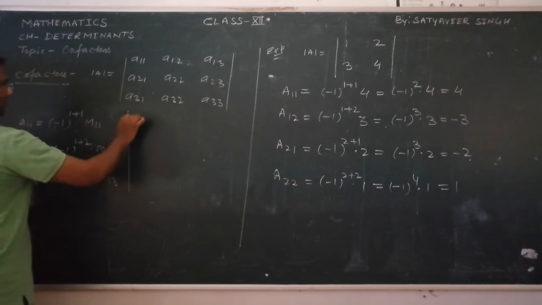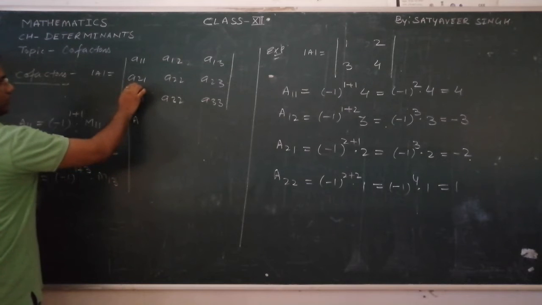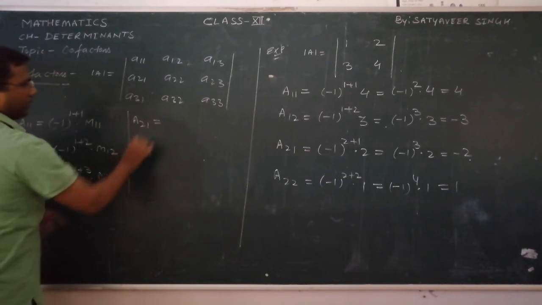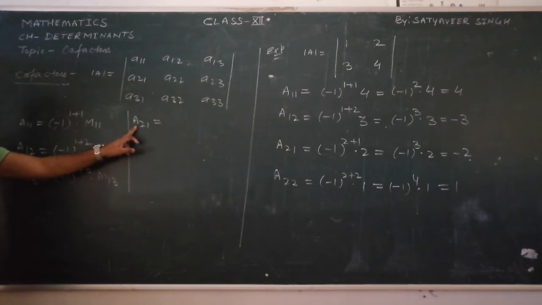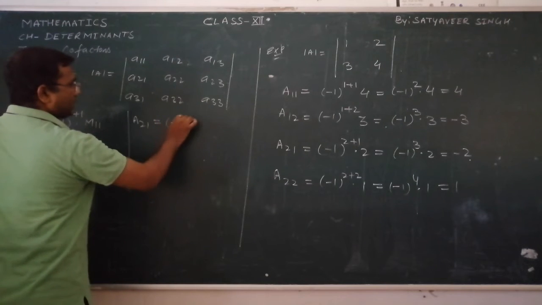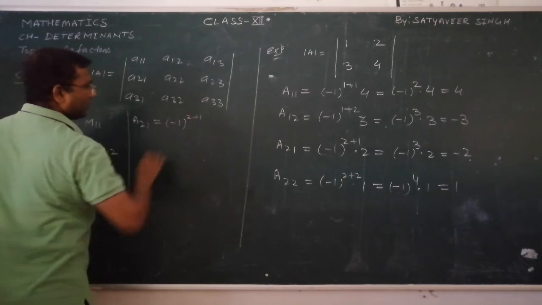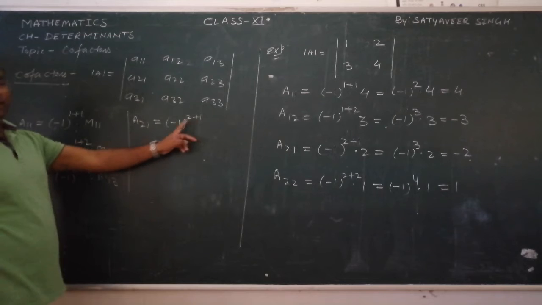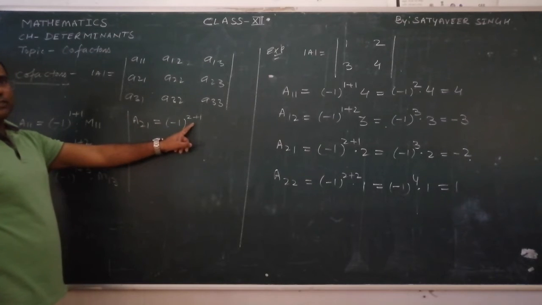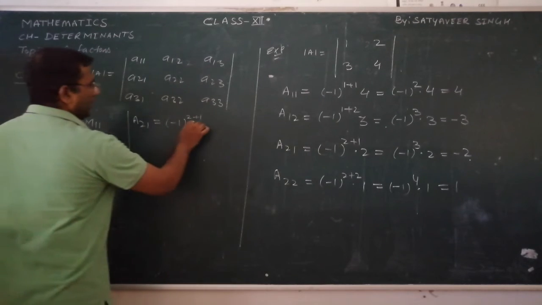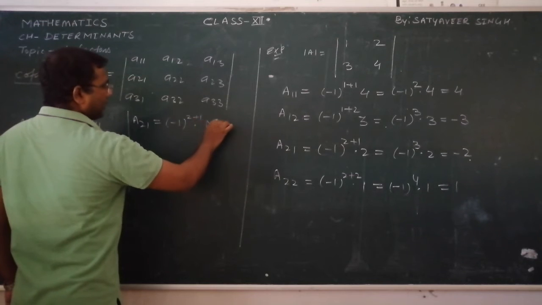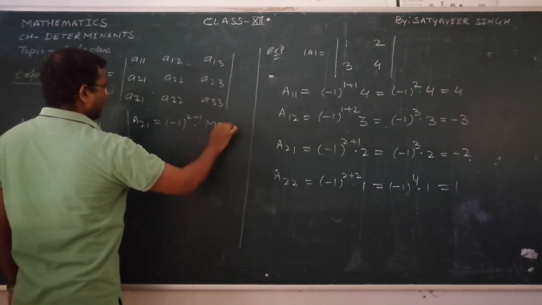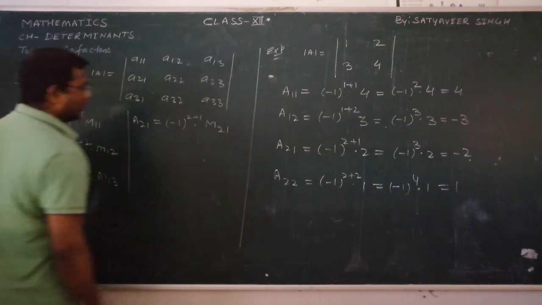The cofactor of the second row's first element will be represented by A21, and minus 1 raised to 2 plus 1, it is 3, minus 1 raised to 3, it means minus only, and into the minor of this element, M21.